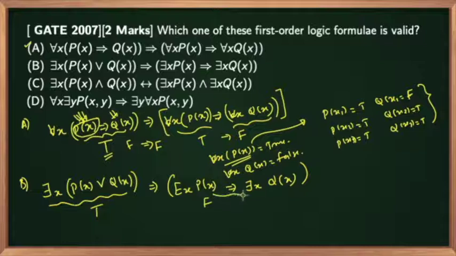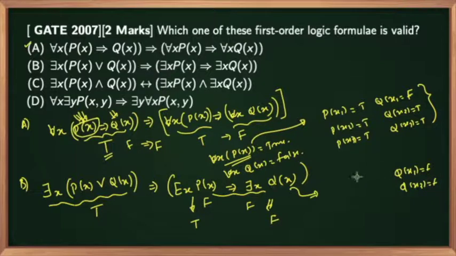So that means this portion should be false, right? So that means there exists an x P of x should be true, and there exists an x Q of x should be false. So that means all the Q of x values should be false, right? So if you have Q of x1, that should be false. Q of x2, that should be false, right?